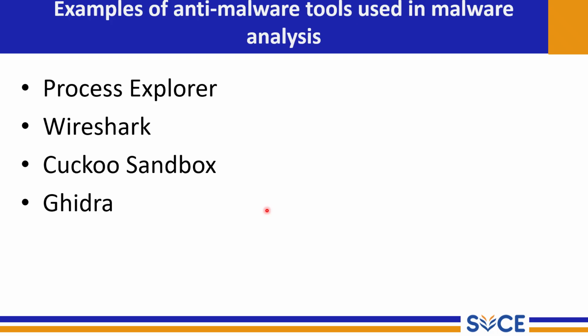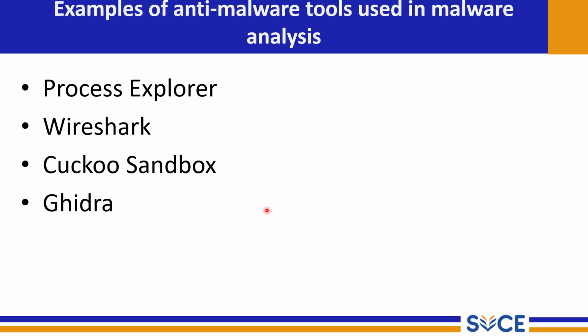So the key features are dynamic analysis, isolation, automation, customization, as well as reporting. First one, dynamic analysis. It analyzes the malware by observing its runtime behavior rather than just examining its code statically. And isolation, so this analysis takes place in an isolated environment, preventing any harm to the host machine or network.